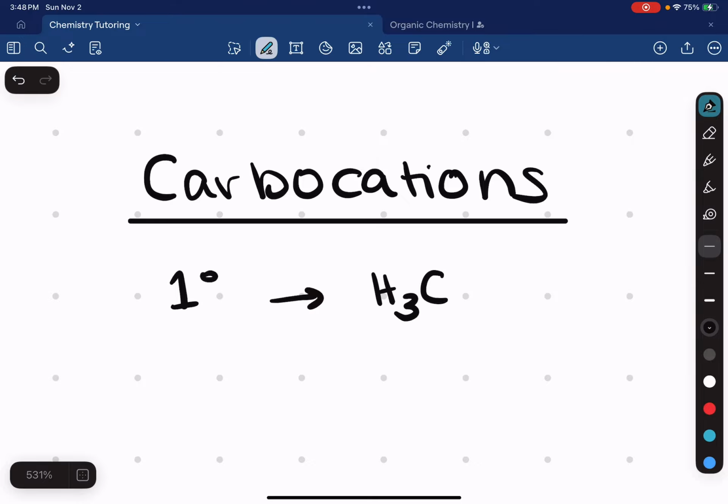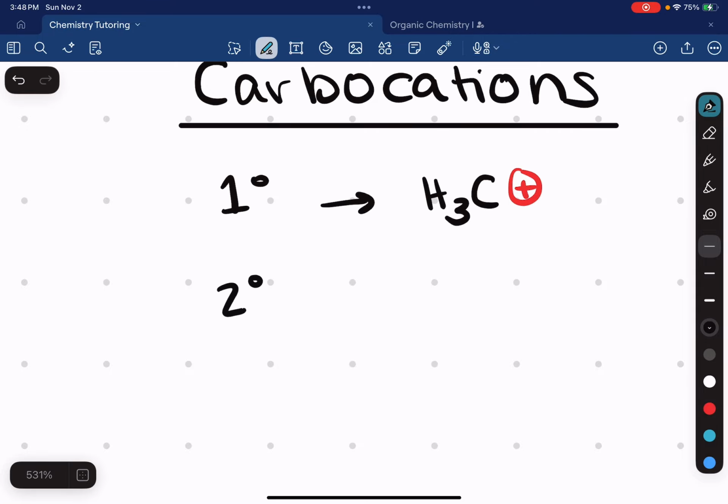It's basically just a CH3 with a positive charge. Secondary is a carbon connected to a CH3, positive charge. Tertiary.